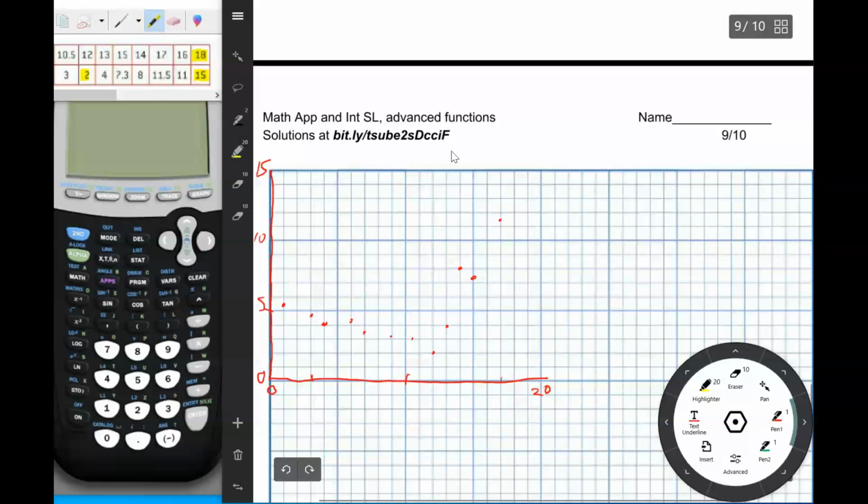And 16, 11 would be there. And 18, 15, that 18 would be here. 15 would be the top value there.